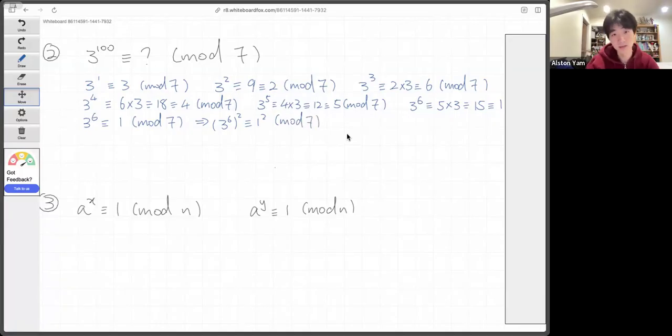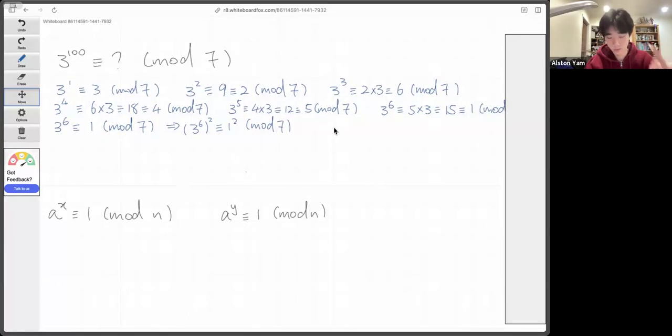The left-hand side, 3 to the power of 6 squared, is equal to 3 to the power of 12, from our exponent rules. So 3 to the power of 12 is 1 mod 7, since squaring the 1 gives 1.